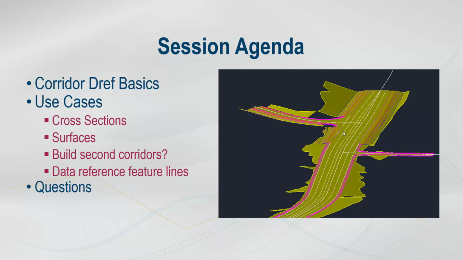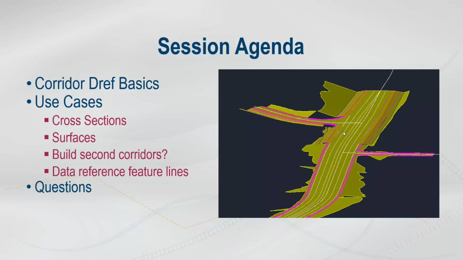In this session, we're going to cover all things corridor data references. First, we'll cover the basics of creating a data shortcut and also creating a data reference. Then we'll cover some use cases: cross-sections and building surfaces, building second corridors from the data reference corridor, and this includes using the data reference corridor to extract feature lines to use as baselines, and also extracting a feature line and using that as a target in the second corridor.